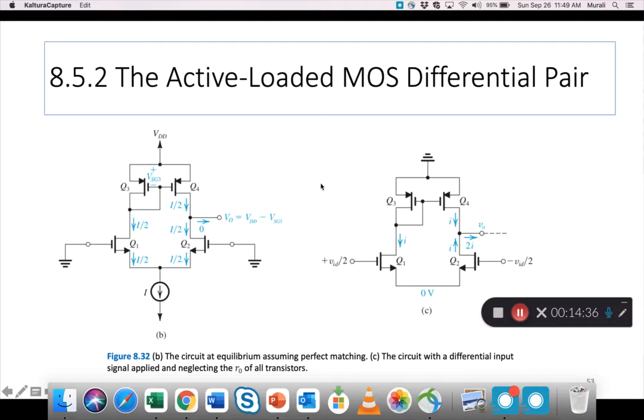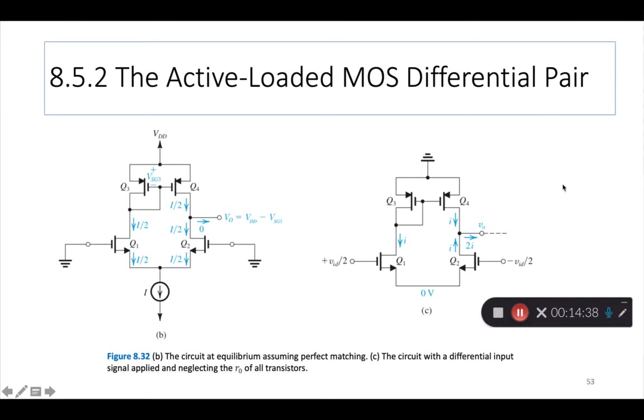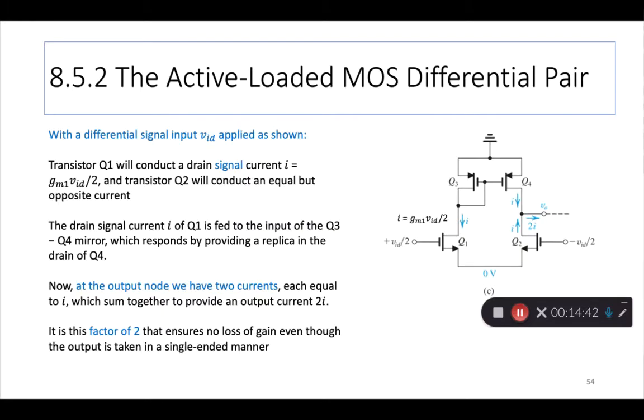Okay, so let me move on to the next slide where we have a little more description. So on slide 54, he explains what exactly is going on with the input signal VID, right? Differential input signal VID is applied. Instead of the drain resistors R3, R4, we have a current mirror.